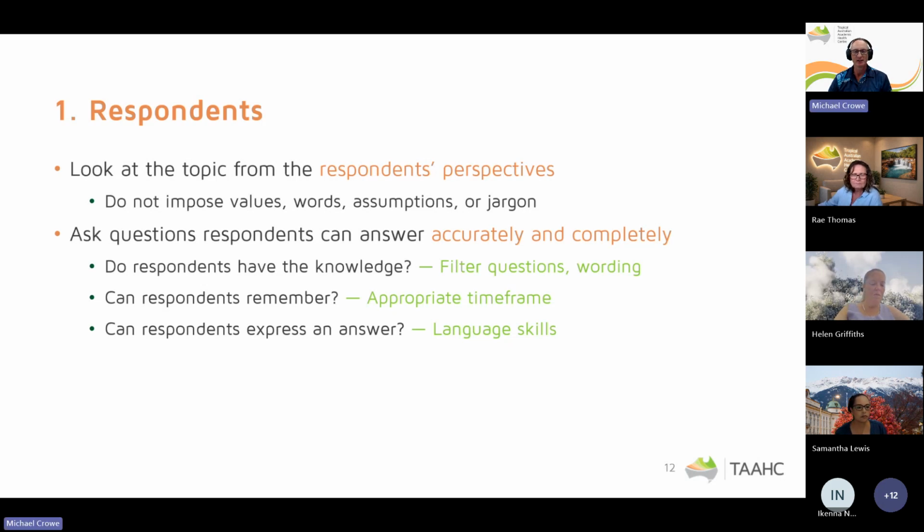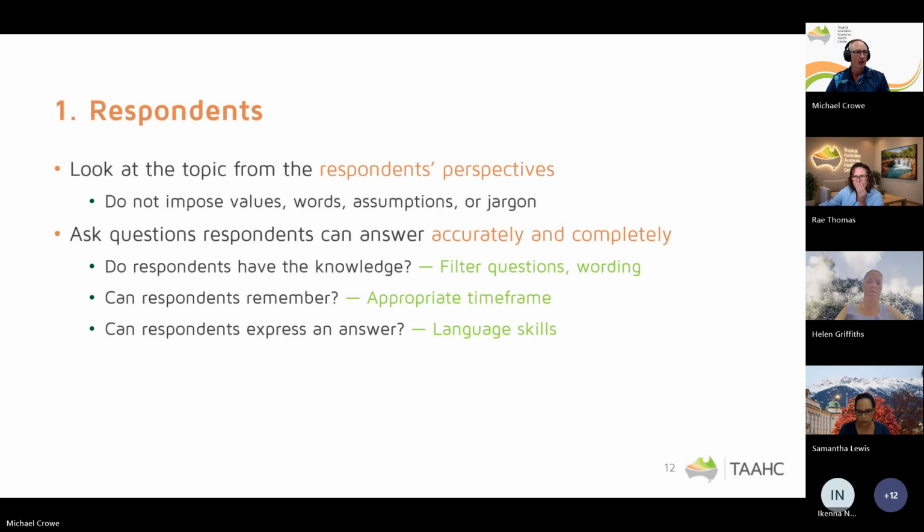Do the respondents have the knowledge you're looking for? That's sort of a major aspect. So if they don't have the knowledge, then you can't really ask them for that knowledge. And the way to do that is through things like filter questions and wording to remove people who can't supply the knowledge that you're looking for.